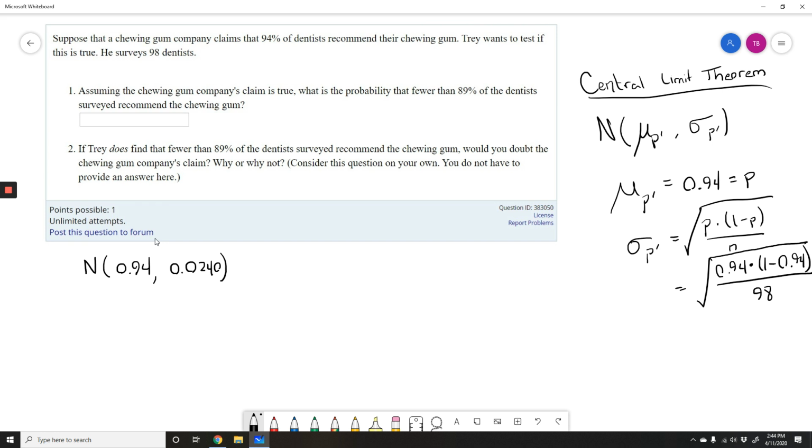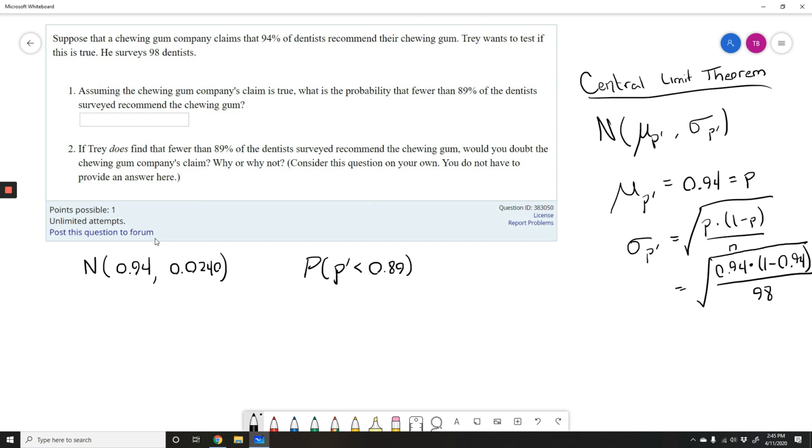Now that we know the distribution, we want to find the probability by first converting our value to a value in the standard normal distribution, and then use the p-norm function, right? So we want part one here: assuming the chewing gum company's claim is true, what is the probability that fewer than 89% of dentists surveyed recommend the chewing gum? So we want to find the probability that our sample proportion would be less than 0.89 or 89%, assuming that the actual population proportion is 94%.